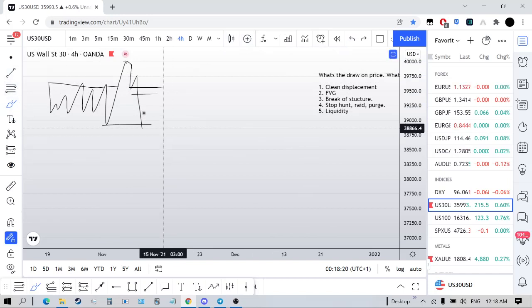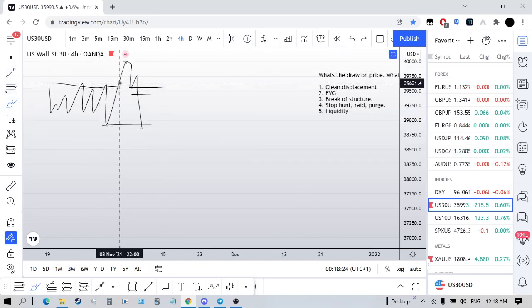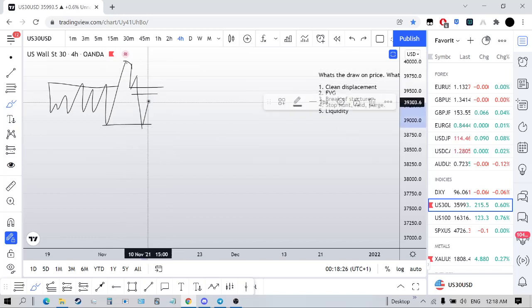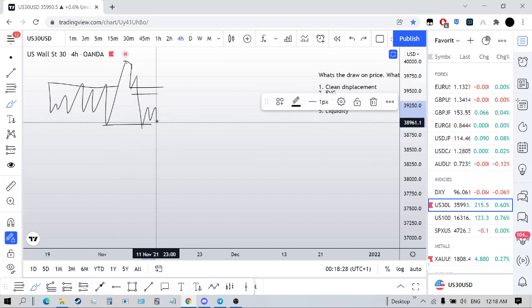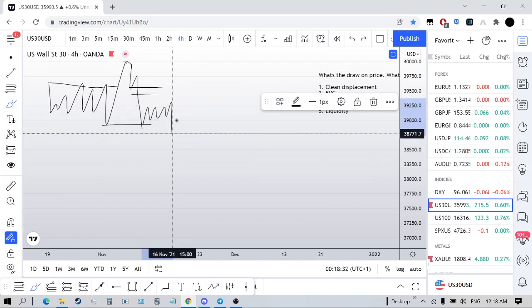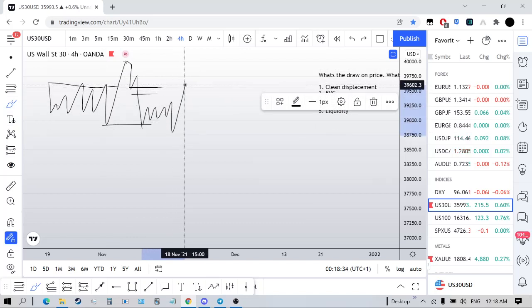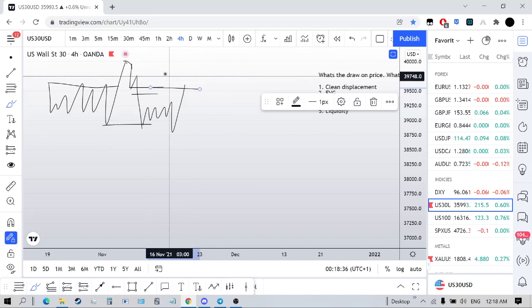So this is what I mainly look for: FVG, clean move, break of structure, and then liquidity built up, all highs, retail patterns, flags, whatever, to get raided into my order block. Then I'll get my entry here with my stops above, just in case the wick comes higher, still closes below, and then continues down.